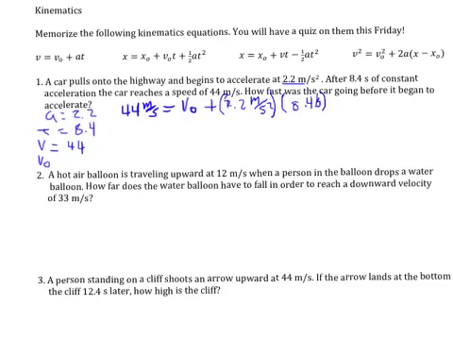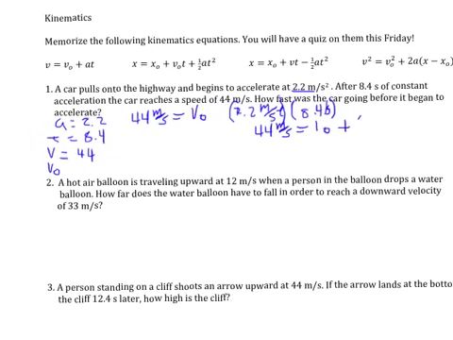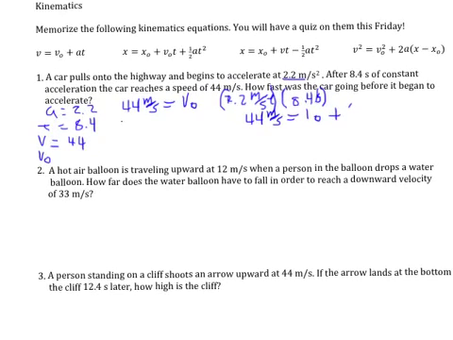So one of these seconds will cancel out one of those, leaving us with meters per second. That gives me 44 meters per second equals my initial velocity plus, what's that work out to be? That works out to be 18, let's call it 18.5 meters per second. And I got that by multiplying these together.